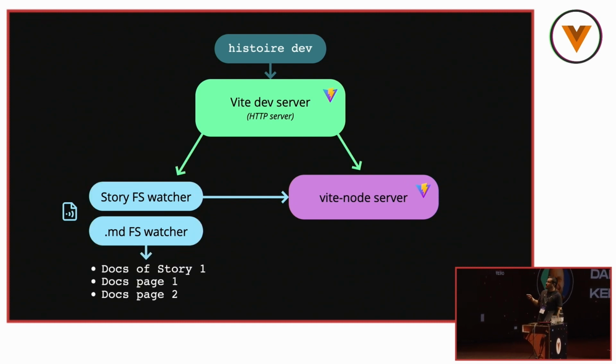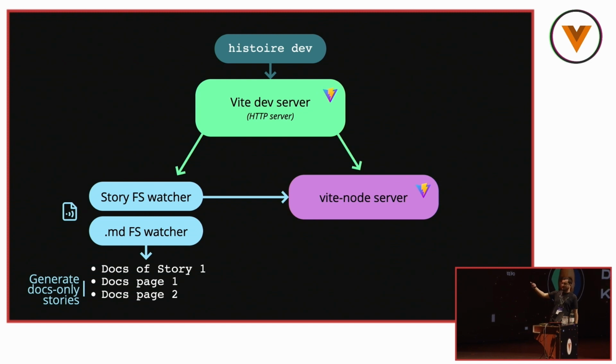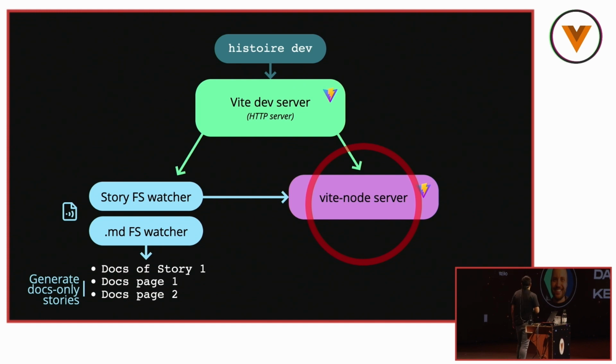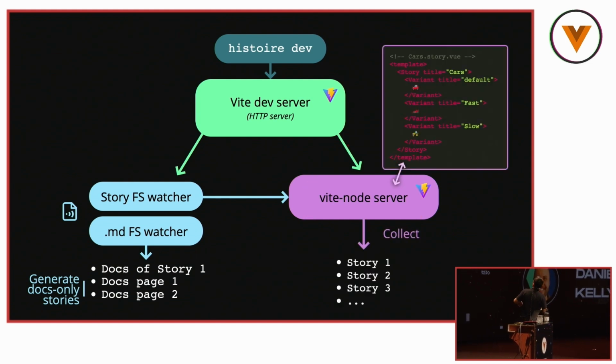And you have a Vite node server here, which is all about actually executing the story files to collect information about them. So for example, if the Vite node server executes this story file, so it's not in the browser, it's on the Node.js side, we can see that the story has this title and has so many variants and stuff like that on the server, even before going in the browser.